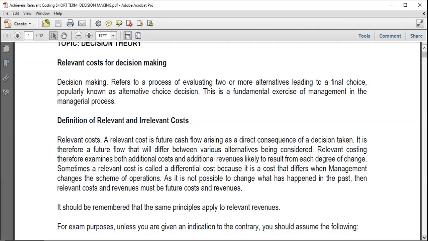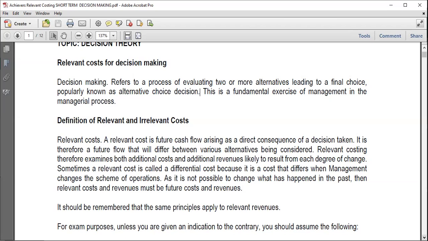Now, one of the things you have to know about relevant costs is that they are future in nature, meaning that once you make that kind of decision, that cost will be incurred as a result of your decision. And that's why we are also going to look at irrelevant costs. One of the characteristics of irrelevant costs is that they have already happened.